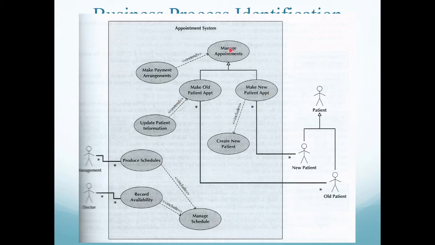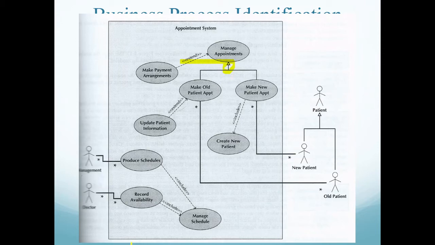Make old patient appointment and make new patient appointment are a kind of managing appointment. So the manage appointment use case covers a broader concept, and make old patient appointment and make new patient appointment cover a narrower concept. So we can use this symbol again to represent the generalization relationship. So we can apply generalization relationship for actors and for use cases.